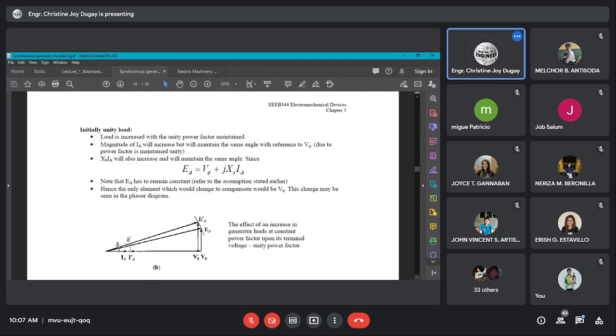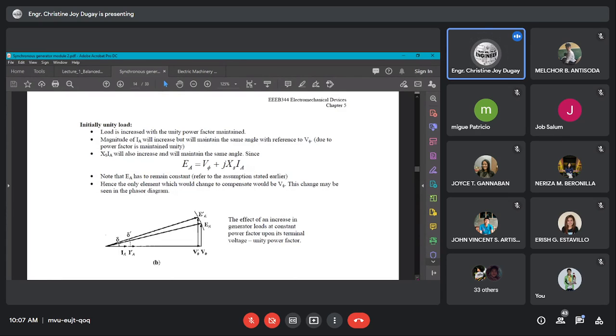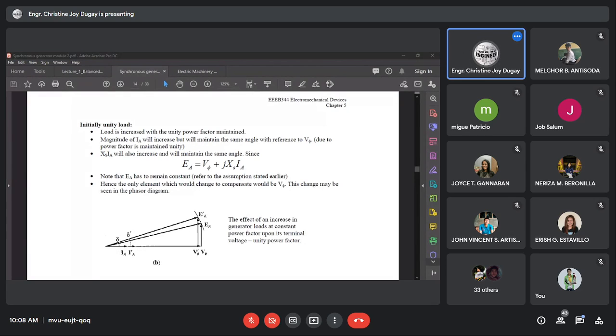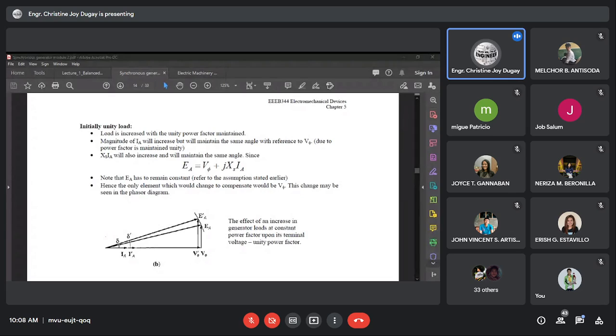And then, initially, unity load. When we have a unity load, the load is increased with the unity power factor maintained, so the magnitude of IA will increase but maintain the same angle with the reference of V phase, because the power factor is maintained at unity.